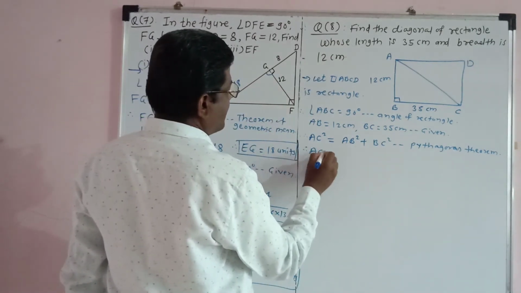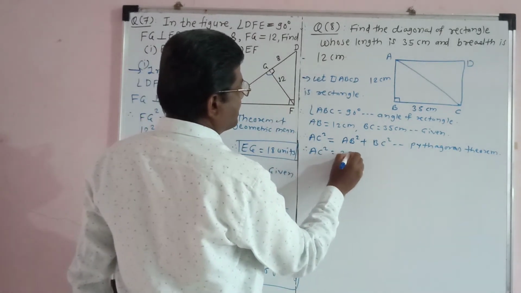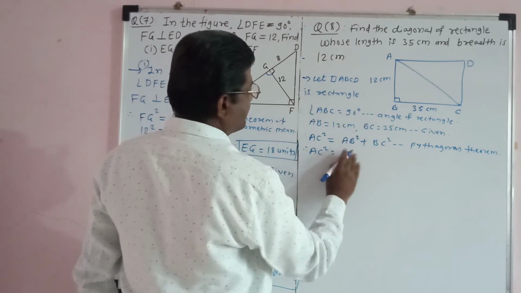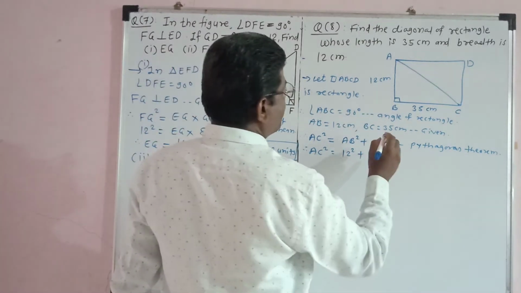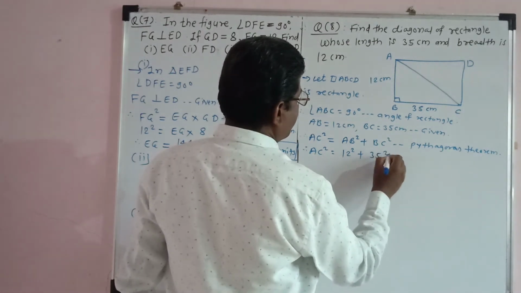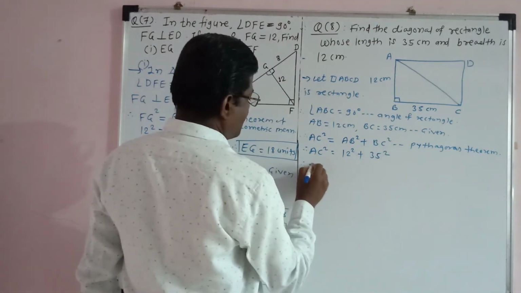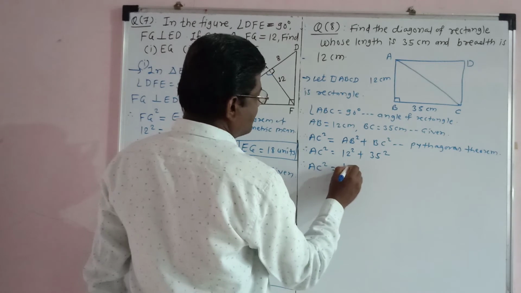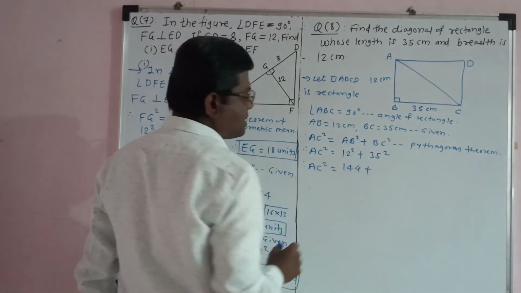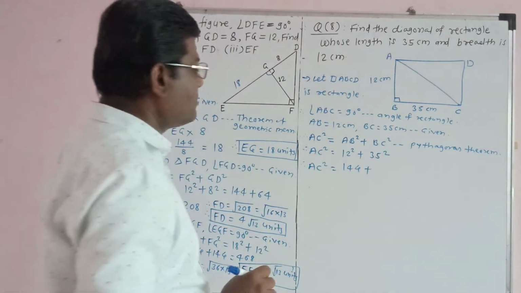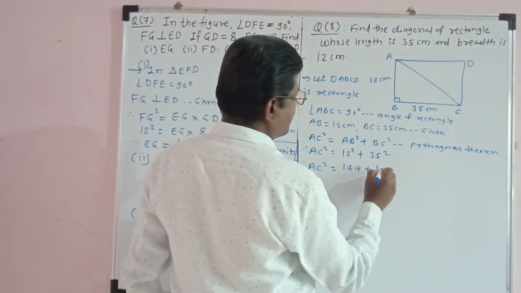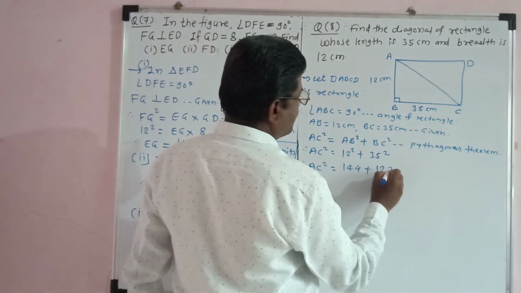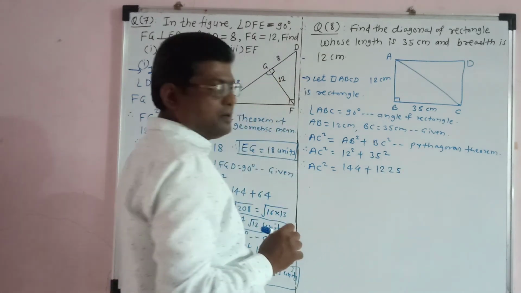Therefore AC square is equal to AB is 12 square plus BC is 35 square. Therefore AC square is equal to 12 square is 144 and 35 square is 1225.